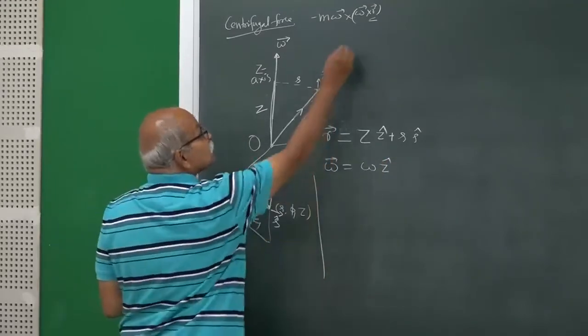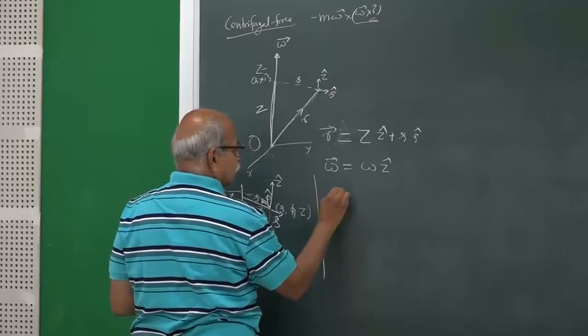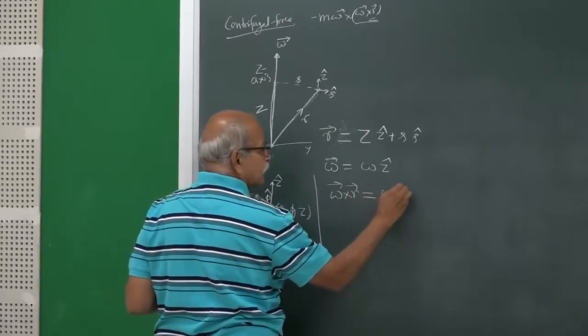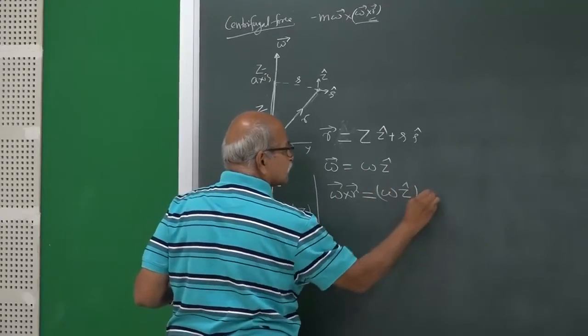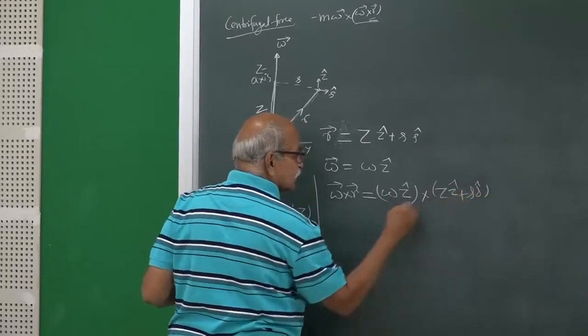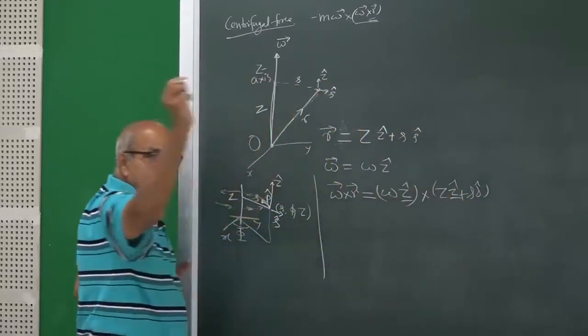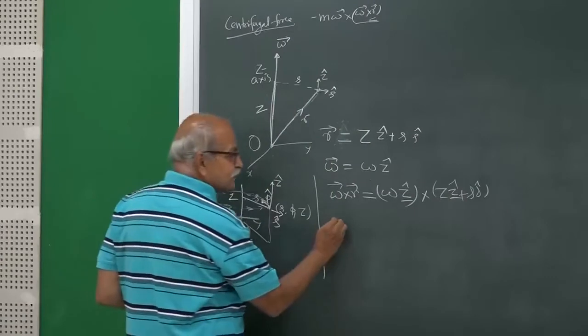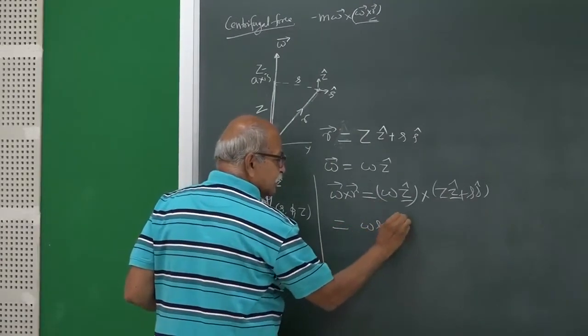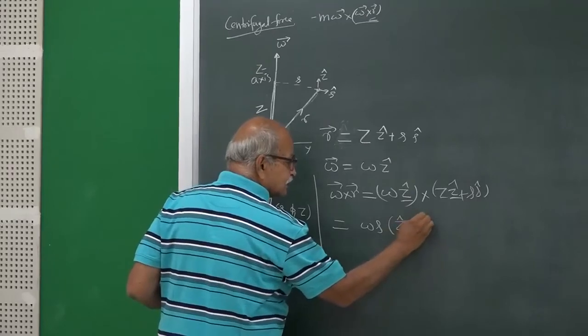So, what is this omega cross r? Omega cross r is equal to omega z cap cross z cap plus s cap. Now, z cap cross z cap is 0, and therefore, it is omega into s, z cap cross s cap.